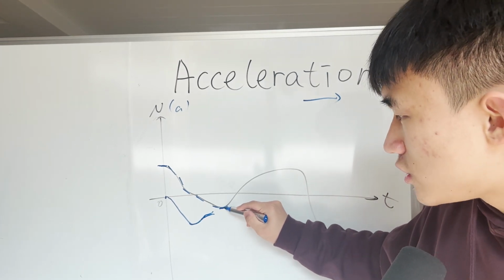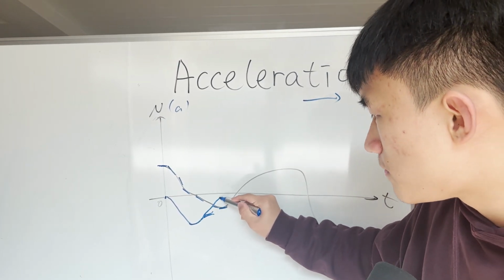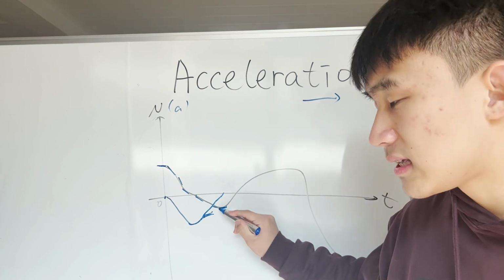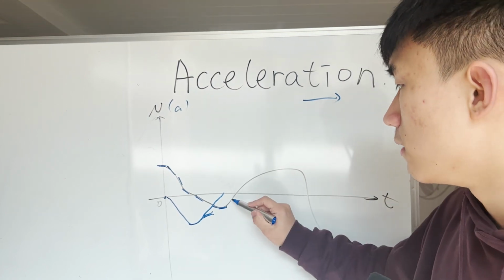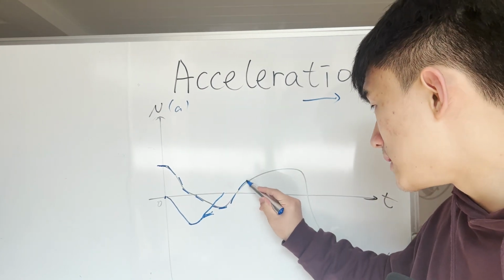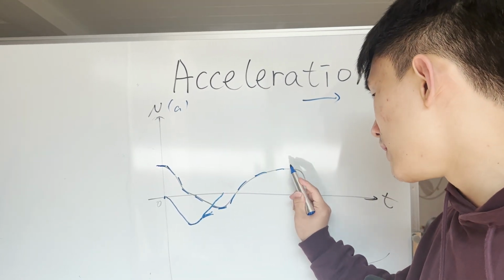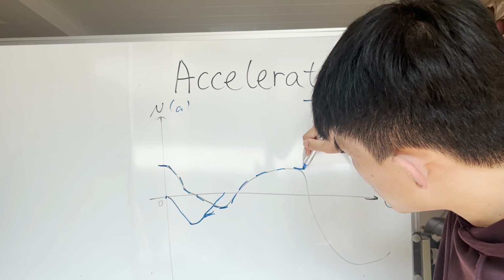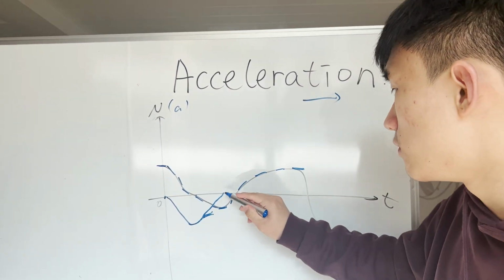So the tangent becomes flat, so here it should become 0. So the acceleration at this point is actually 0, and then it starts accelerating to the right. So accelerate, accelerate, finally until this point where its acceleration becomes 0 again.